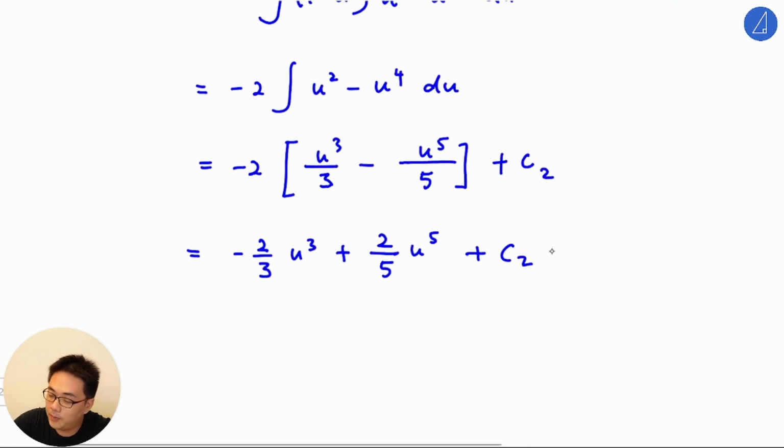So you replace this back in, u will just be (1 minus x) to the half.